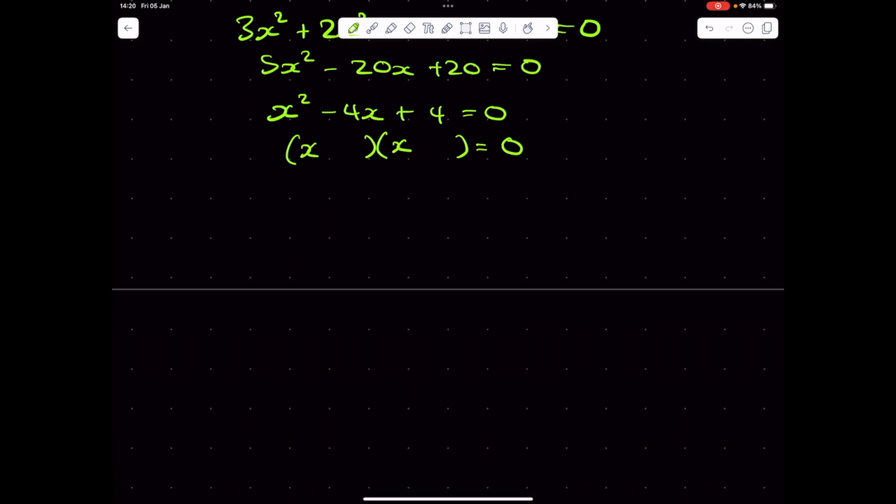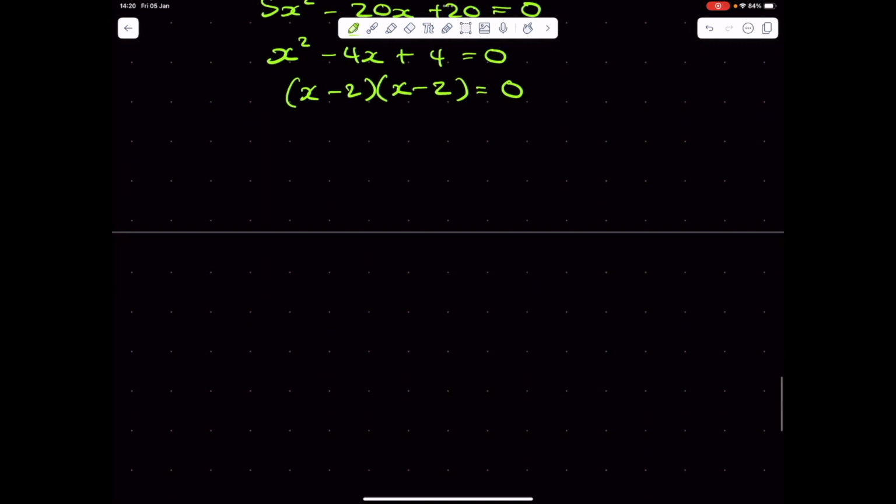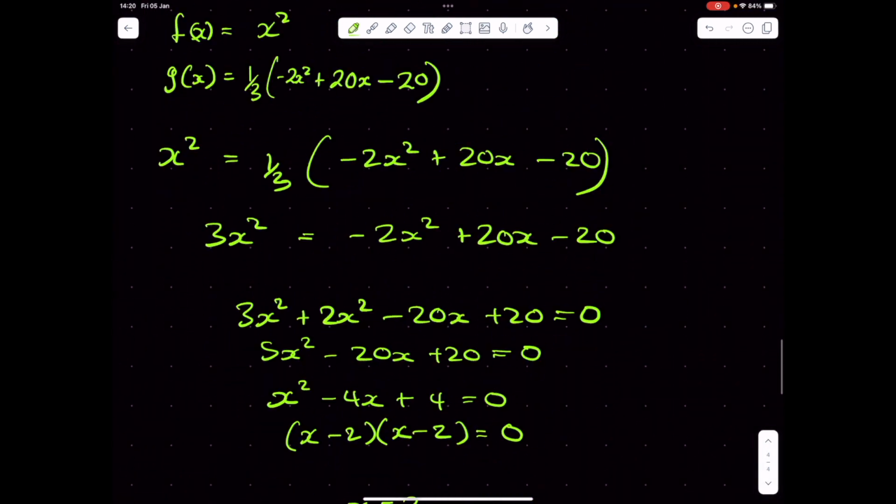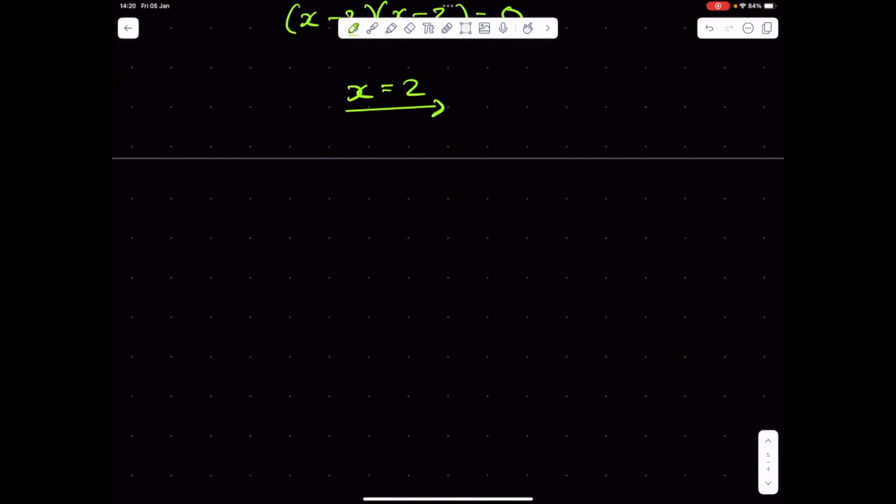So the solution will be x is equal to 2, okay? Right? Okay, so we're good on this part, right? So remember, this is the point of intersection. We have the x value, we still have to get the y value.